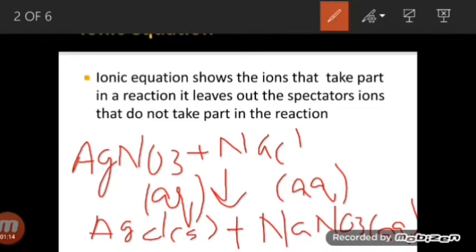So this is how we write an ionic equation. Here you can see that all four compounds are ionic in nature and can easily be ionized and they are in the aqueous state, but the product silver chloride will be in the solid state.